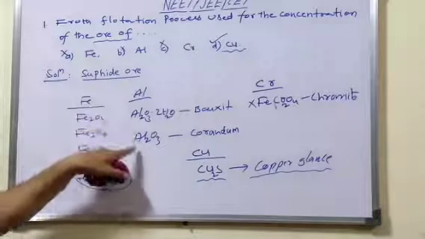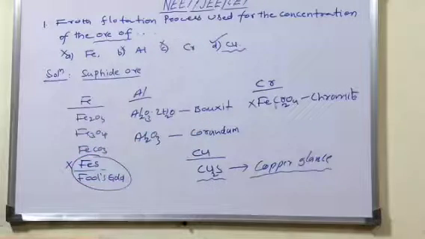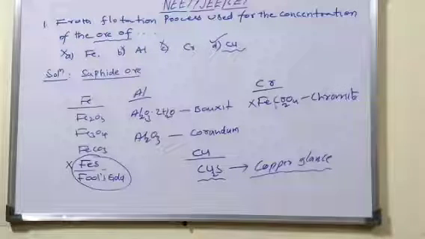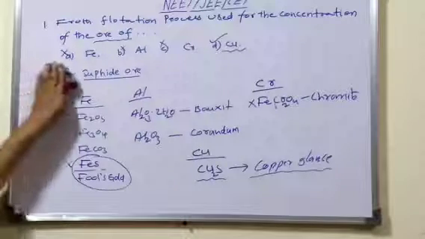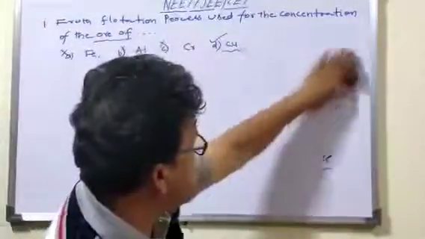Aluminum all oxides, chromium also oxides, but copper we have copper sulfide, which we call copper glance. So Cu is the answer. So this is the method how to remember the concepts.